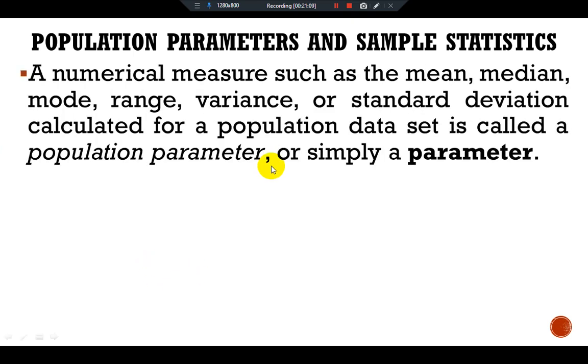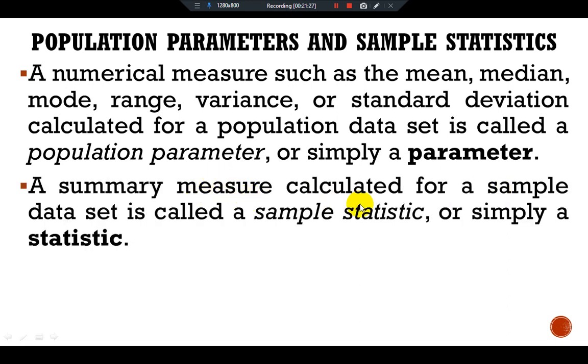Numerical measures such as the mean, median, mode, range, variance or standard deviation calculated for a population data set are called a population parameter or simply a parameter, whereas a summary measure calculated for a sample data set is called a sample statistic or simply a statistic.